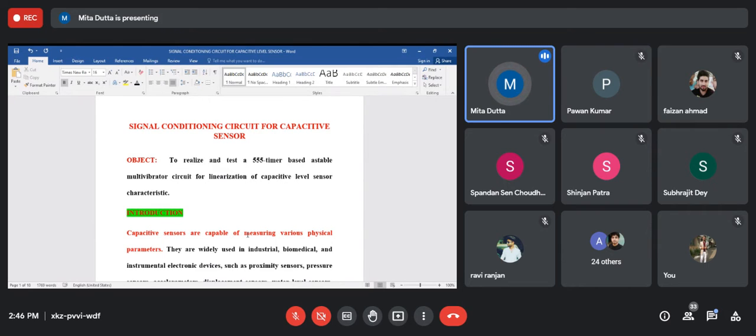Now, as a whole, we know the capacitive sensor. You have studied the capacitive sensor in your electrical instrumentation course part A, which consists of transducers. You have studied several kinds of transducers in that course. So we know the capacitive sensor can be used to measure various physical quantities.